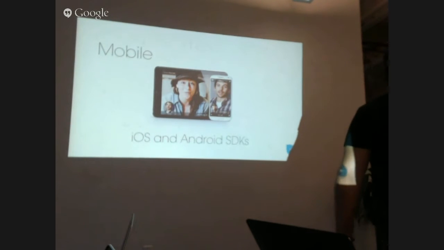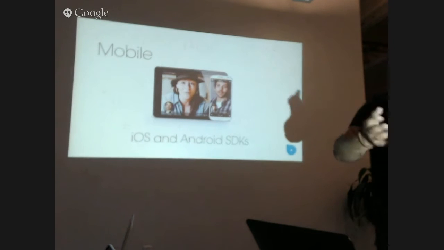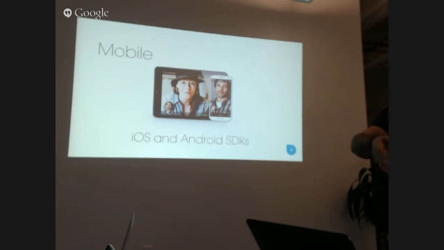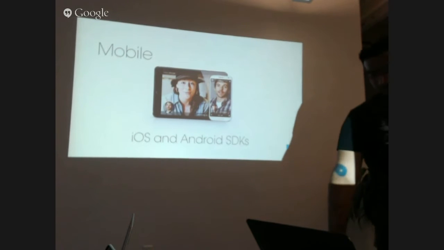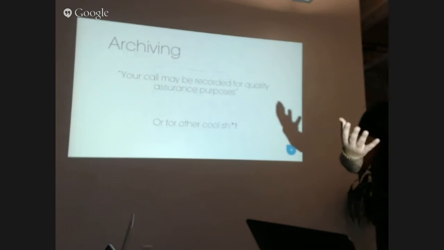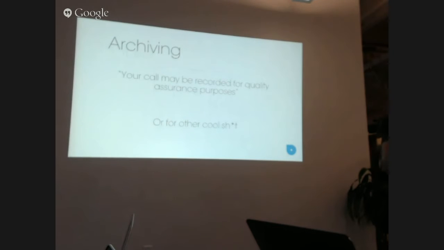A few real quick things that we solve, I guess you probably would have heard already. We do build iOS and Android SDKs that have very similar APIs. We give you sessions and streams and publishers and subscribers, sort of the high-level bits we like to express these applications in. We have archiving, which for all those use cases where you might typically hear on a phone call, your call may be recorded for quality assurance purposes. A lot of our customers want to do recording.